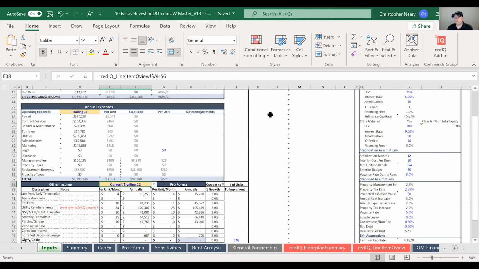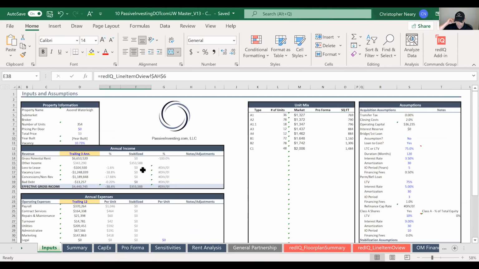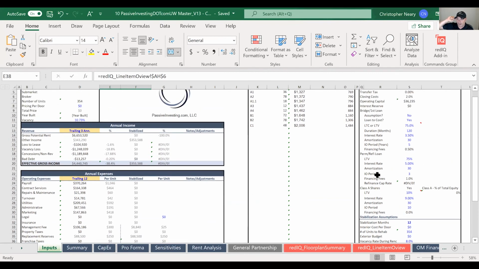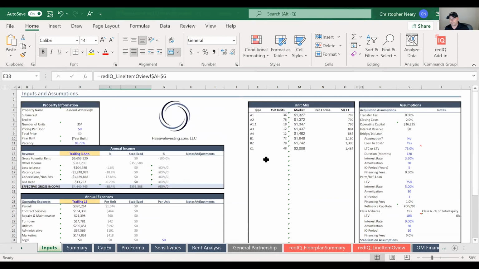Especially on a lease up deal, Eric, talk to us a little bit about how that makes a difference. Why would we want to look at a T1 instead of a T12 on a lease up deal? Yeah, so we look at a lot of lease up deals, and if you're looking at a T12 on a lease up deal, vacancy numbers and concessions numbers, as you can see right there, even the trailing 3 is a little bit less accurate than what is actually happening at the property.